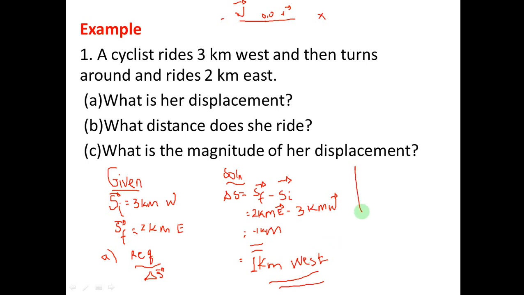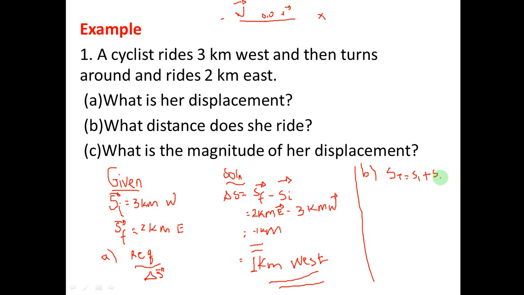Let's solve B. What distance did she ride? Distance is represented by S. You can call it the total distance, ST. ST is S1 plus S2.